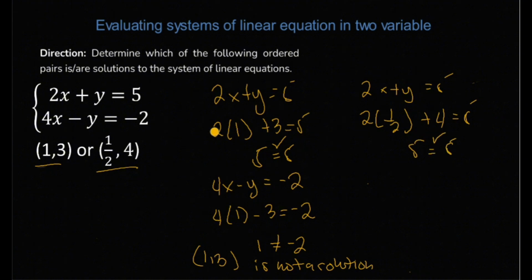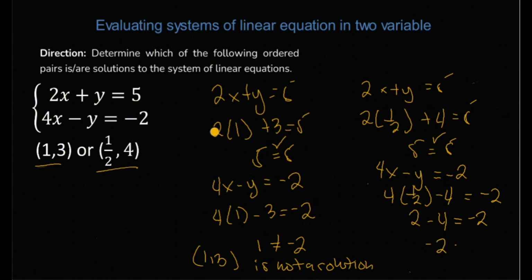Now, how about your second equation? So 4x minus y is equal to negative 2. So 4 times 1/2 minus 4 is equal to negative 2. 4 times 1 is 4, divided by 2 is 2, minus 4 is equal to negative 2. 2 minus 4 is negative 2, which is equal to negative 2.